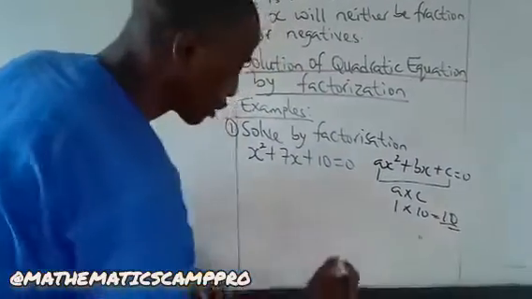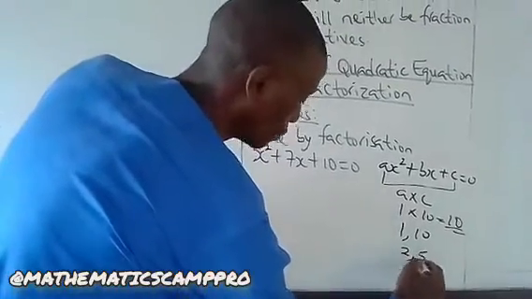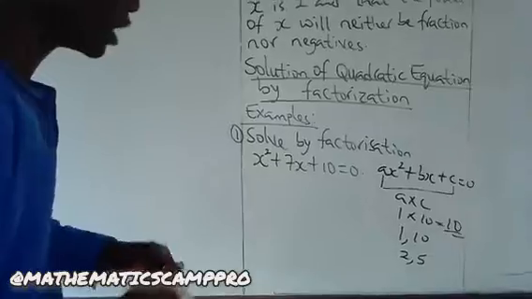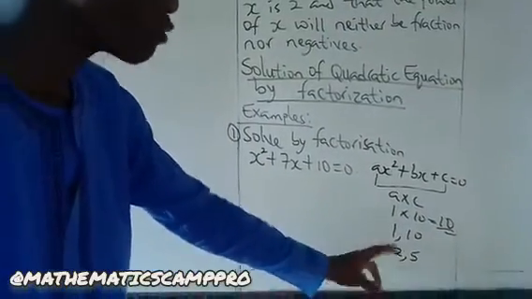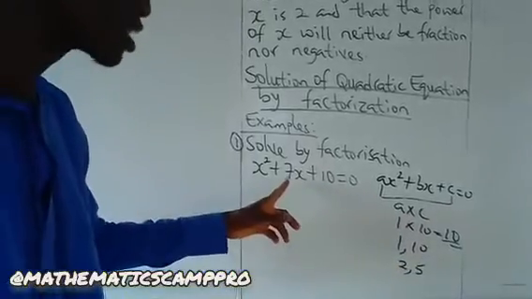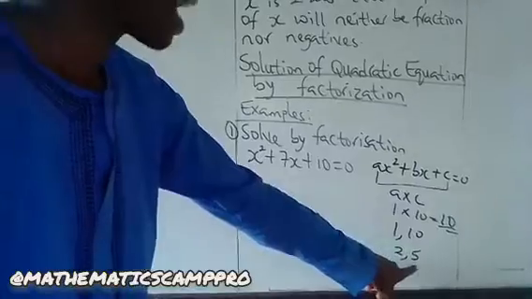What are the factors of 10? We have 1 and 10, we have 2 and 5. These are the factors of 10. Looking at this, which factors, when we add them, give us plus 7? That is 2 and 5.